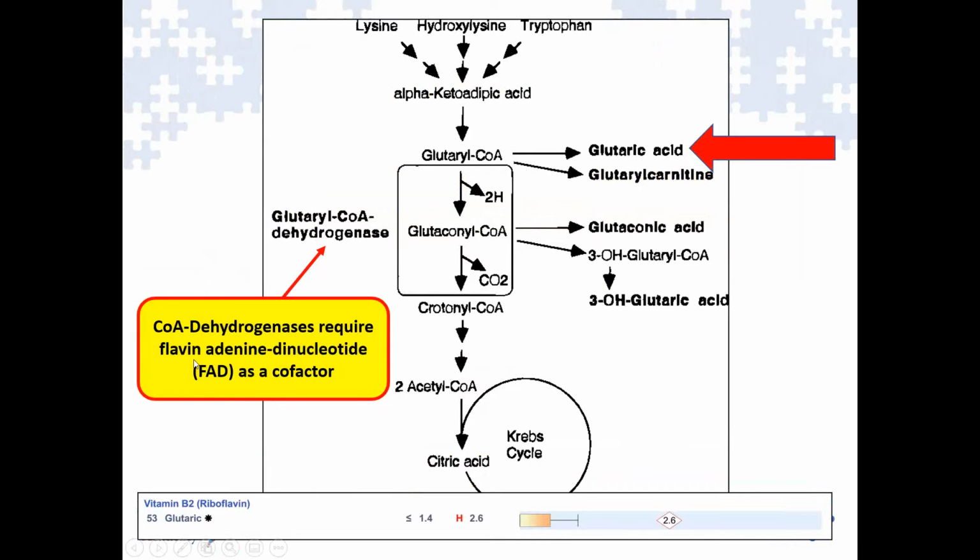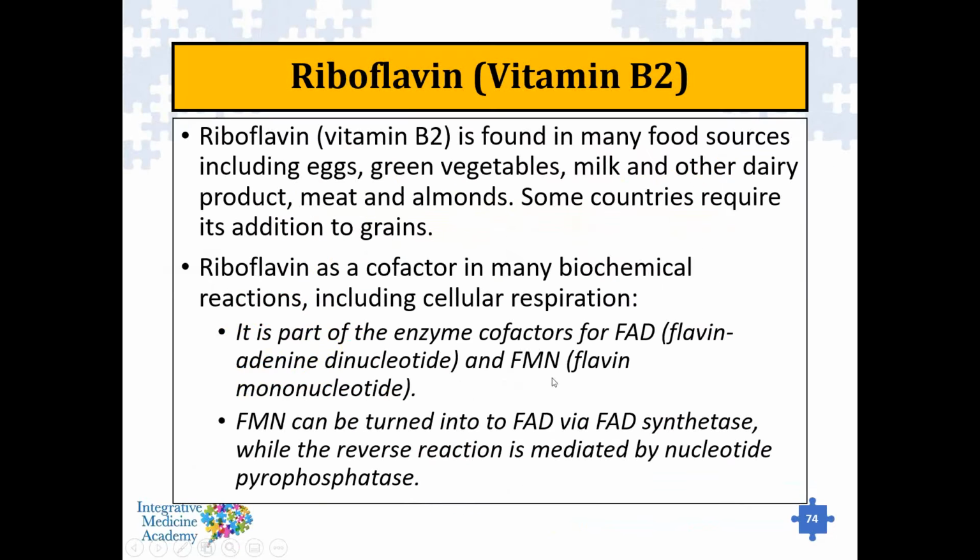Well, this enzyme requires flavin adenine dinucleotide. Okay, and this flavin adenine dinucleotide has a link back to riboflavin. Riboflavin, or vitamin B2, is found in many food sources: eggs, milk, dairy products, certain vegetables.